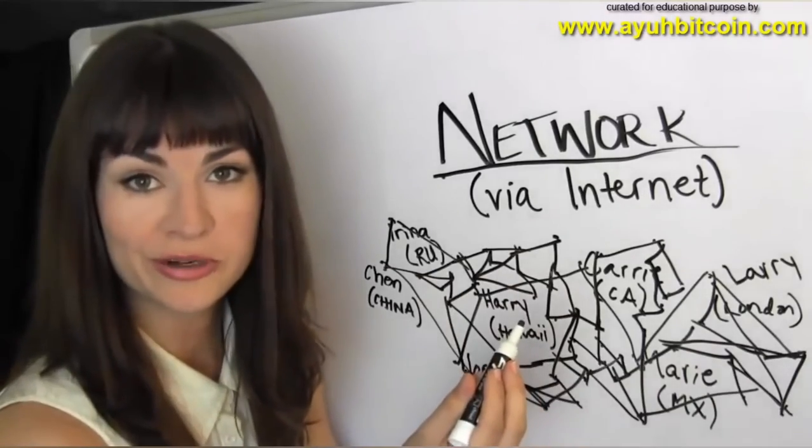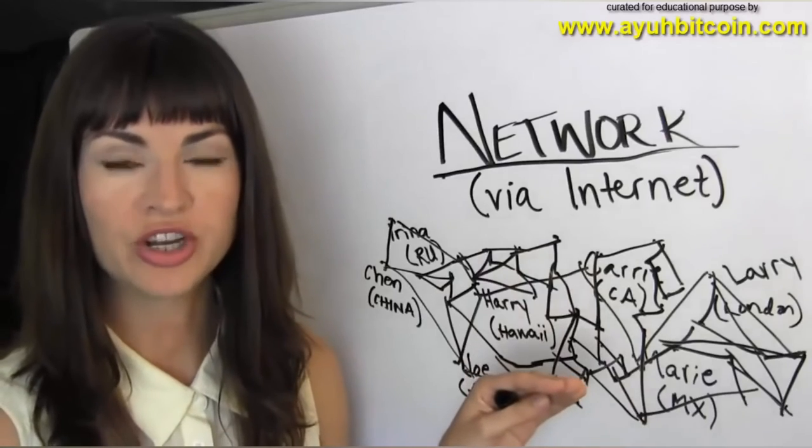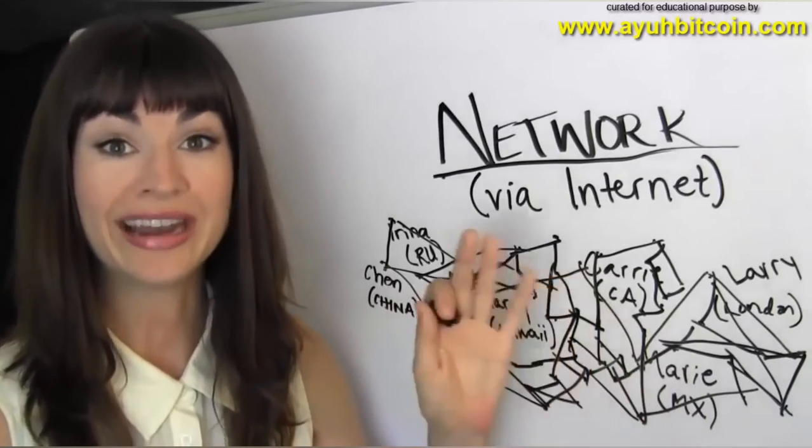You get the general picture. And the purpose of this network is for all participants with a copy of the blockchain to agree on the state of that blockchain at any given time.